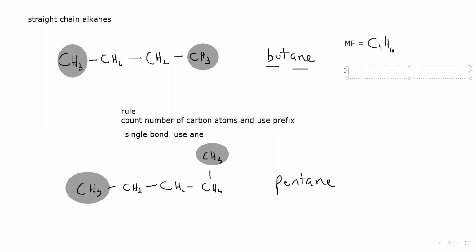The simplest ratio. It is 4 and 10. When we take the simplest ratio, because it is 4 and 10, we divide by a common factor. Both are divisible by 2, so we divide both. So this will be 2 and this will be 5. So the empirical formula is C2H5.